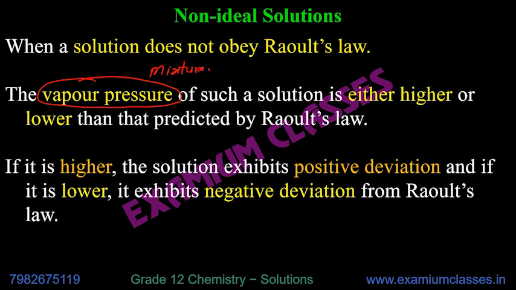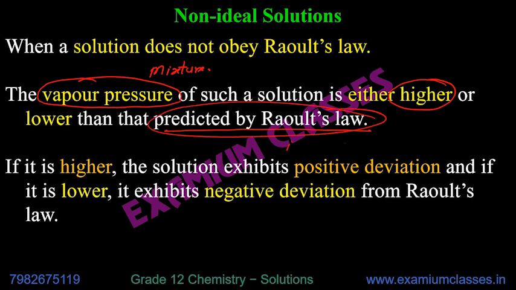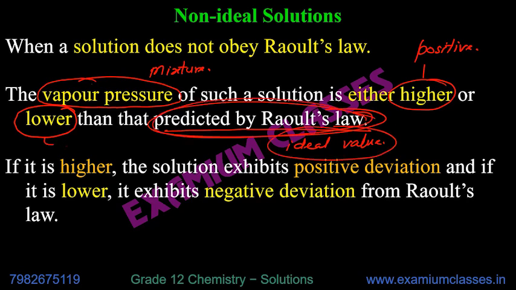If this vapor pressure of the mixture is higher than the value predicted by Raoult's law, which is the ideal value, we say it is positive deviation. If the vapor pressure of the resultant mixture after mixing is lower than that predicted by Raoult's law, the ideal one, then we say negative deviation.